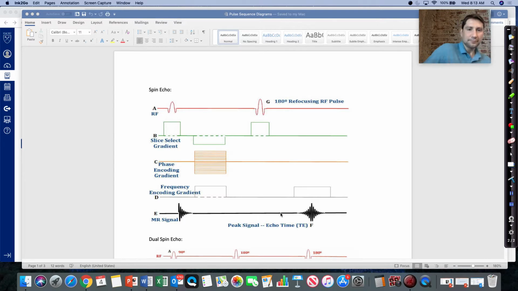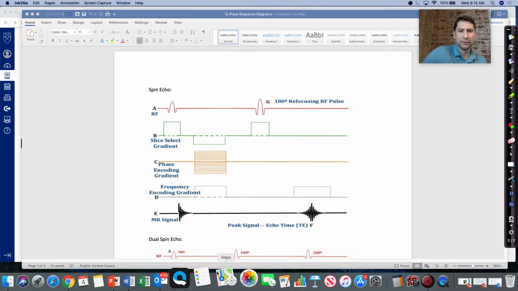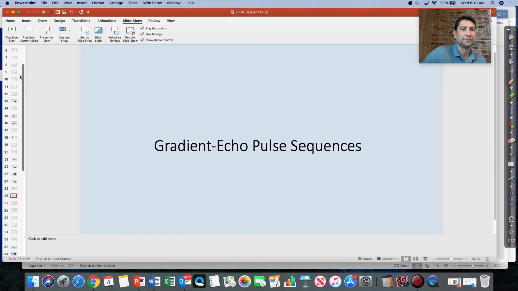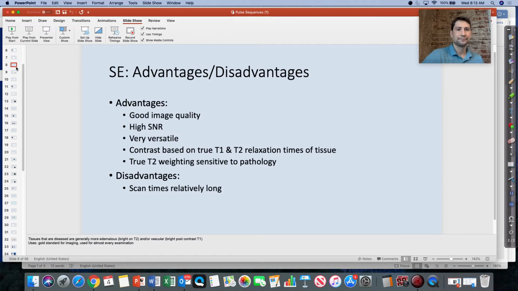With spin echoes, let's go over some of the advantages and disadvantages of a traditional spin echo. Our advantages are we usually get good image quality, because we have very high signal, and typically good resolution.